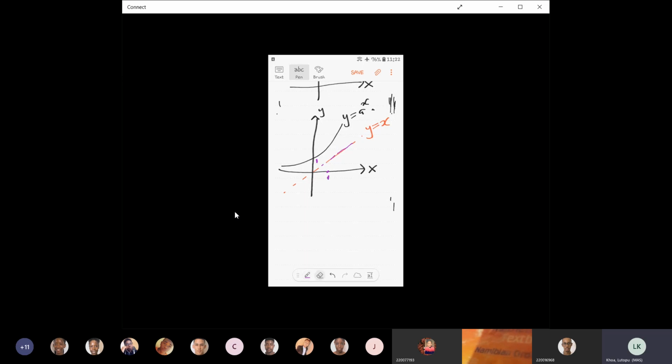Then if you look at what is happening here, there's no part of the graph y is equal to a to the power of x in this quadrant. So when I reflect it here, nothing will be there. Then in the second quadrant, you can see it is getting closer and closer to the axis. So in the reflection, it must also be getting closer and closer to the axis until it gets to 1.